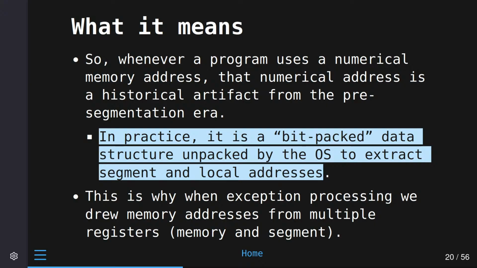And portions of the data structure incidentally contain what appears to be linearly increasing memory addresses. But other regions do not. Other regions are sign extended or something else. So really what you're dealing with is a data structure, but you are not supposed to know it's a data structure. And so whenever we see it, we're just somehow probing some sort of system internals to get a numerical address back.